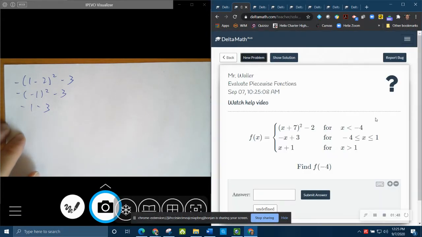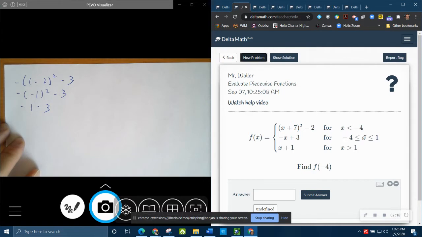Okay, so for another one of these, let's say we want f of negative 4. So we look at these rules right here. Now, negative 4 is one of the places where it switches rules. Less than negative 4, we use this rule. Greater than negative 4, we use this rule. And then, what about when x equals negative 4? That's where we've got to look at which one of these has the or equal to it. This one has the or equal to right here.